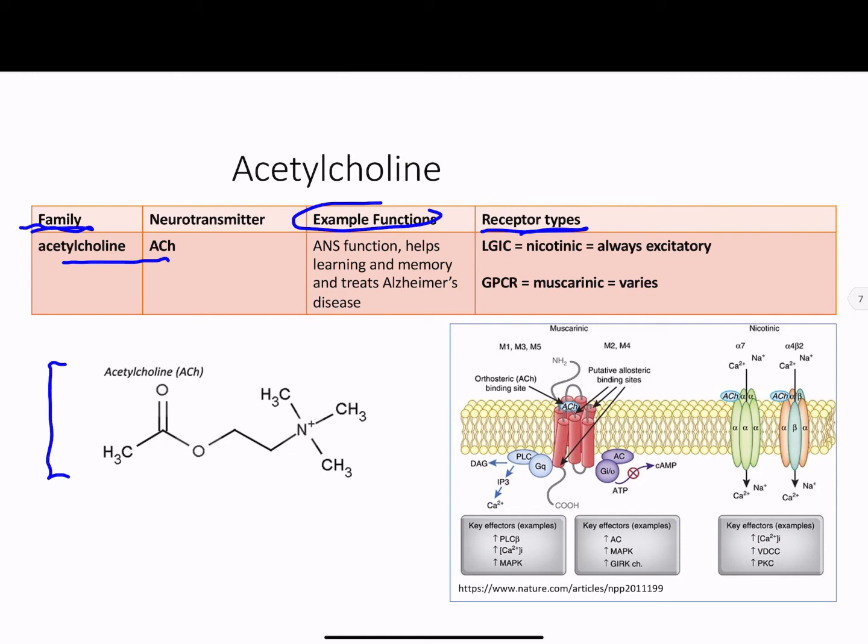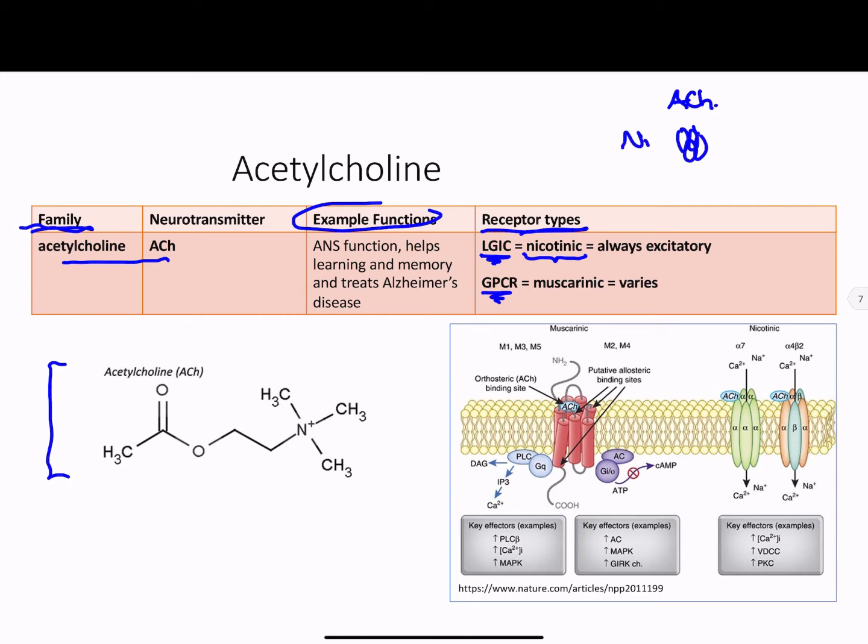What you do need to memorize is the receptor types that acetylcholine acts at. Acetylcholine has both ligand-gated ion channel and G-protein coupled receptors. The ligand-gated ion channels are nicotinic ion channels. So if I say you have a nicotinic receptor, then you know that receptor is activated by acetylcholine, and that we're talking about a ligand-gated ion channel.